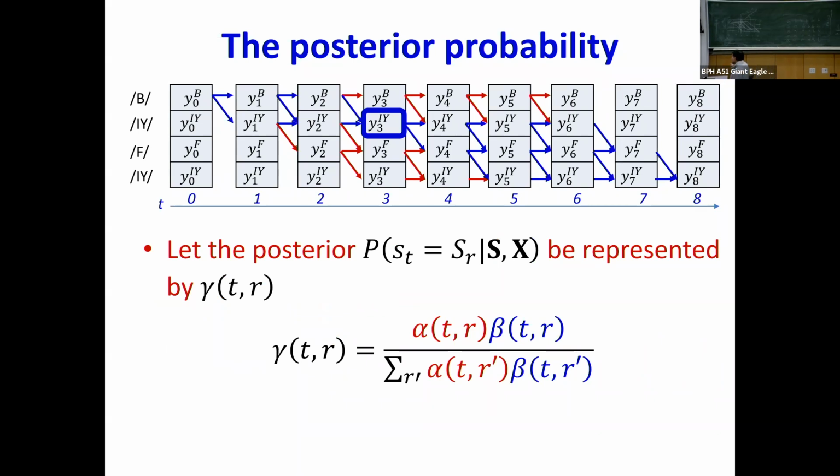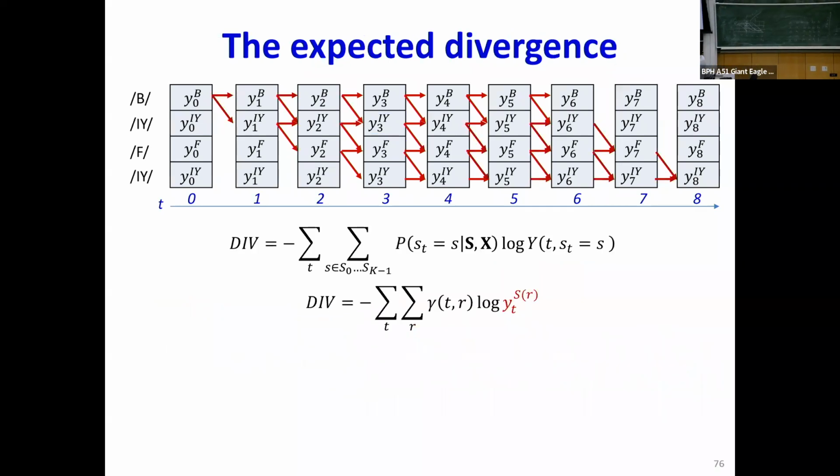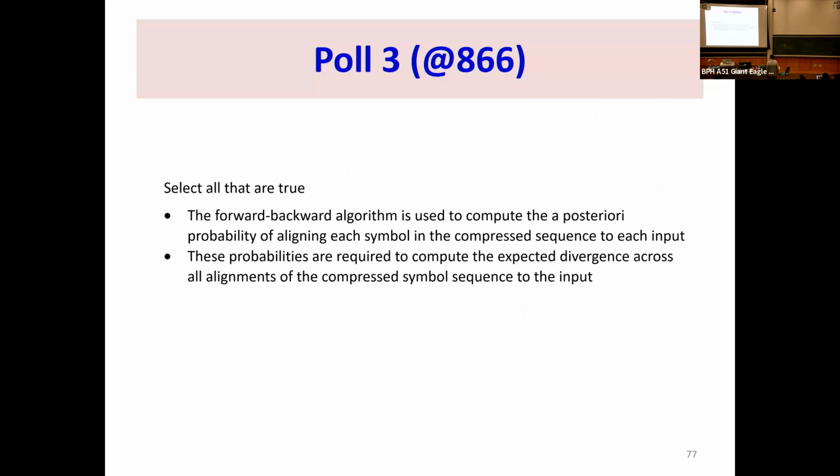And once you have gamma tr, that problem is solved. My divergence was the sum over all times. And at each time, I was summing over the entire column. And over each column, what I was summing was the product of the posterior probability of the node and the log of the probability within the node itself, right? And the posteriors have been computed. So everything is done. And so now, voila, we have our divergence. Okay.